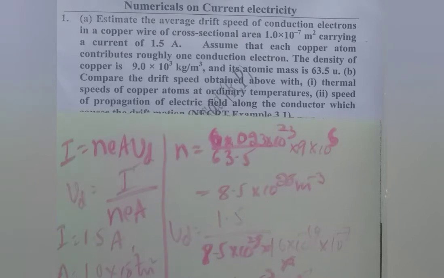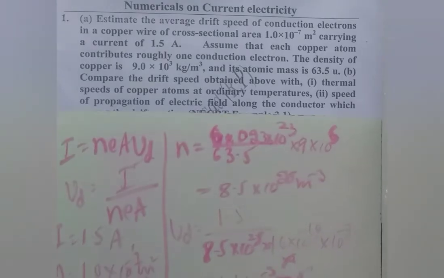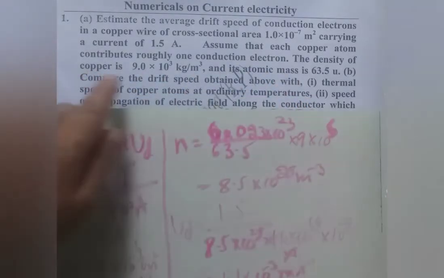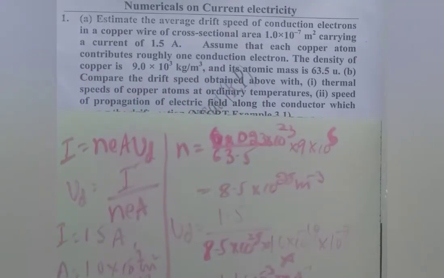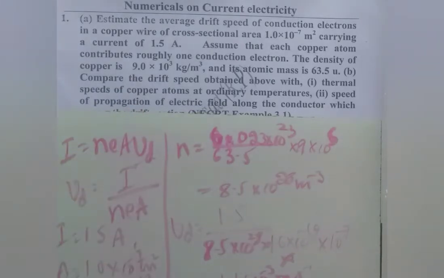Next we proceed on to another set of calculations. In part B there are 2 parts. First part B we read: compare the drift speed obtained above, 1.1 millimeter per second, with thermal speeds of copper atoms at ordinary temperatures.